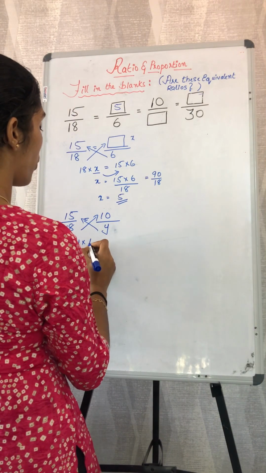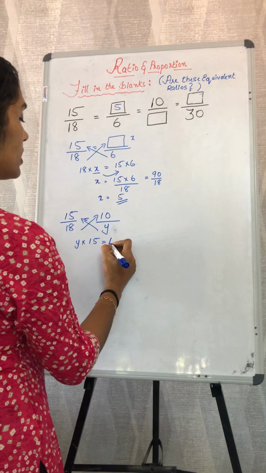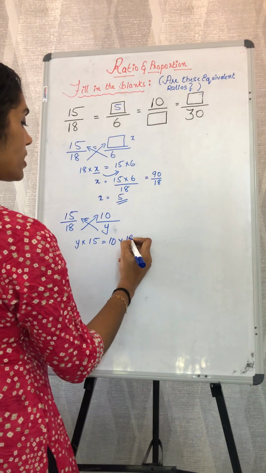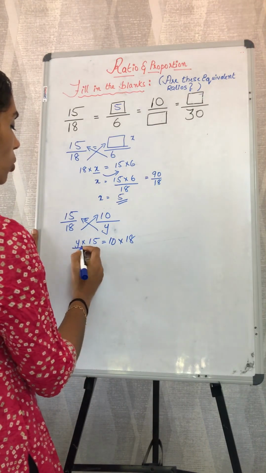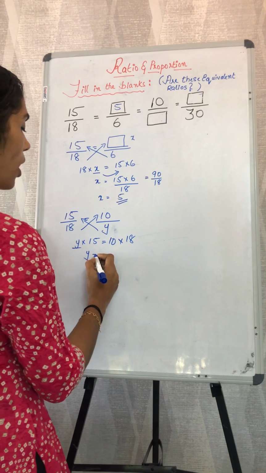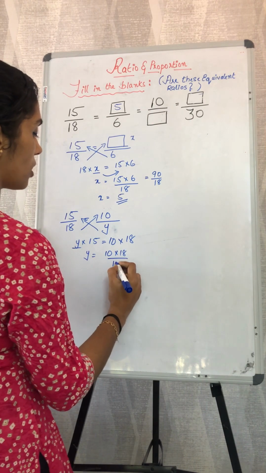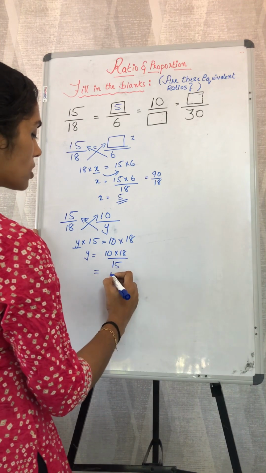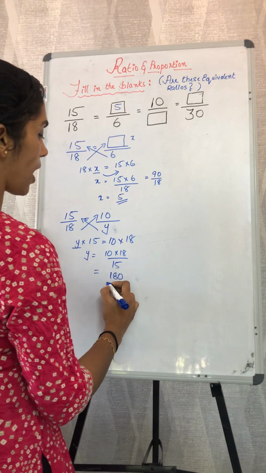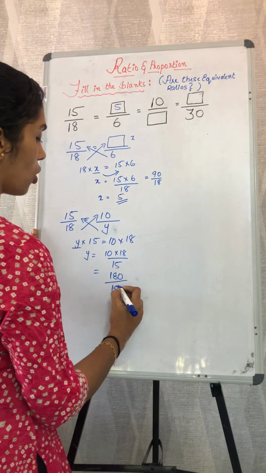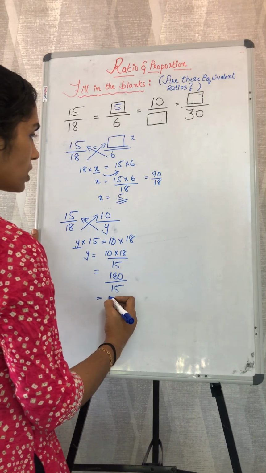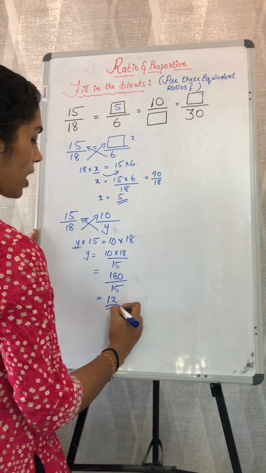Y into 15 is 10 into 18. We want only y here, so y is equal to 10 into 18 by 15. So again, how can you solve this? 180 divided by 15, what do you get? You get 12.